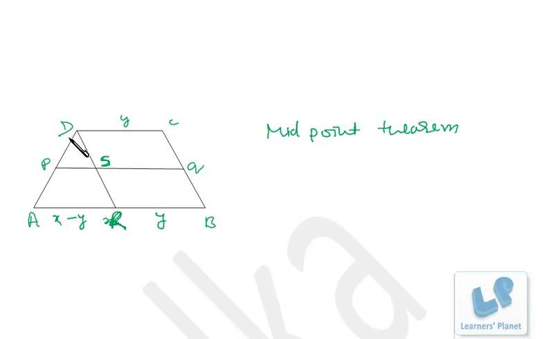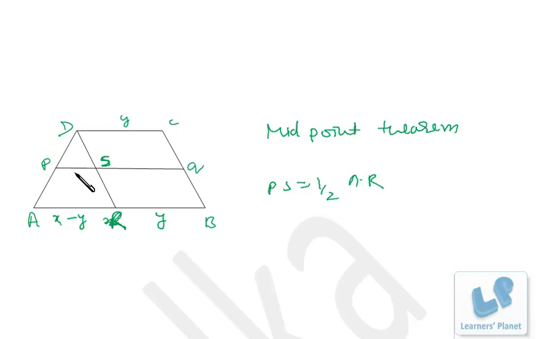According to the midpoint theorem, if P is the midpoint of side AD and if it is joined to the midpoint of other side, then this length is half of the length of the third side, right? So PS will be half of AR.